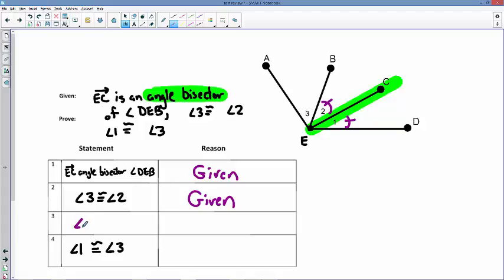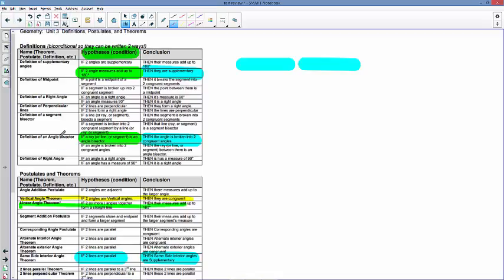So we can say angle 2 is congruent to angle 1. And what did you just read off of that 3-S? You read the definition of an angle bisector. That's the symbol for angle, don't forget, bisector. Okay, if we go back to 3-S, that's what it says. You're quoting this definition of an angle bisector.